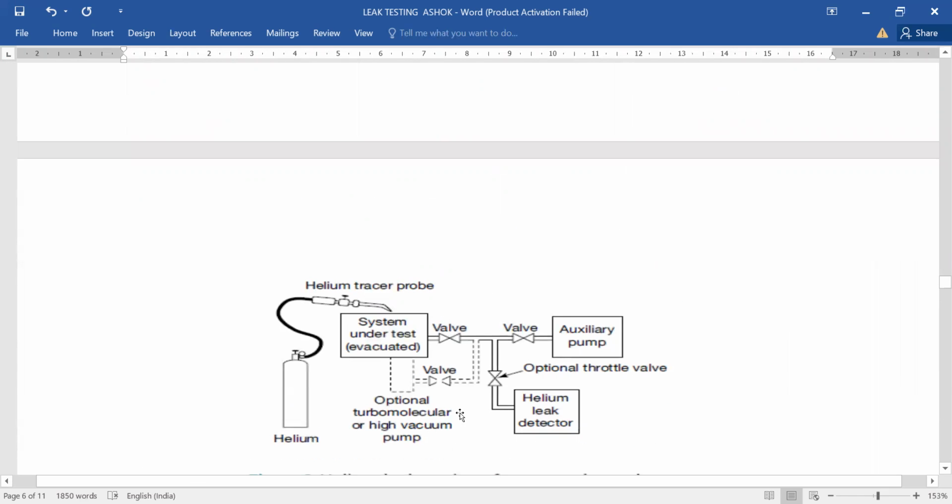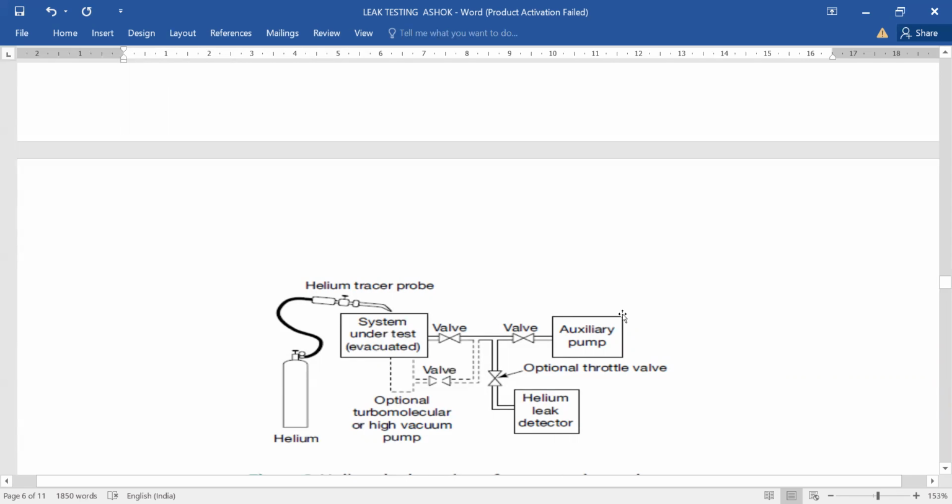Helium tracer probe. So there is helium, and the system under test is evacuated. Vacuum, optional turbomolecular high vacuum pump, helium leak detector, auxiliary pump.